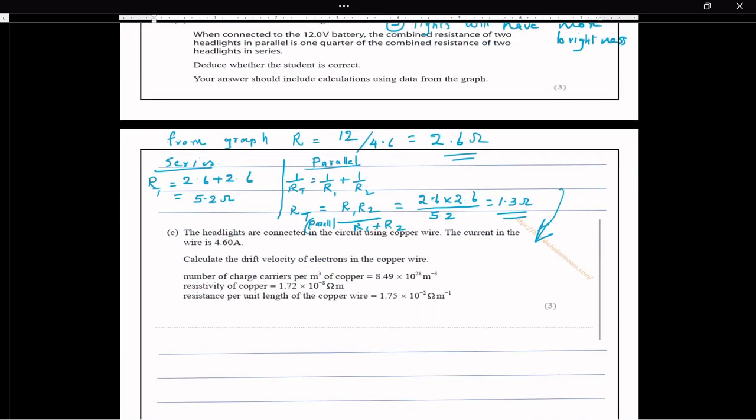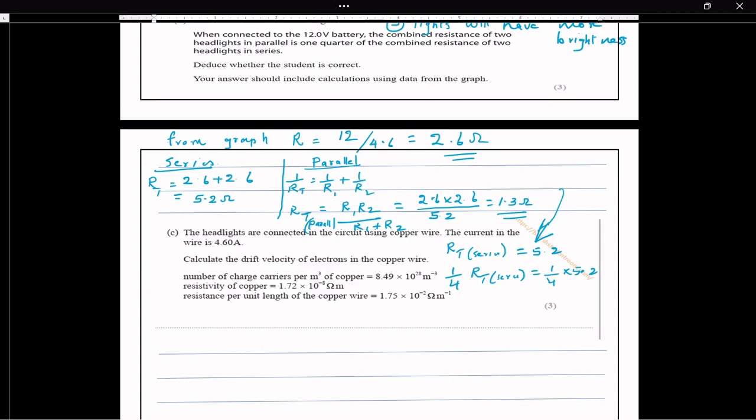Let's see, it is easy to calculate what is 1/4 of RT series. So we have RT in series, which is 5.2. Let's calculate 1/4 of RT series. 1/4 of 5.2, how much is that?